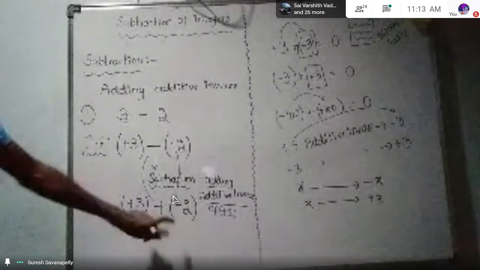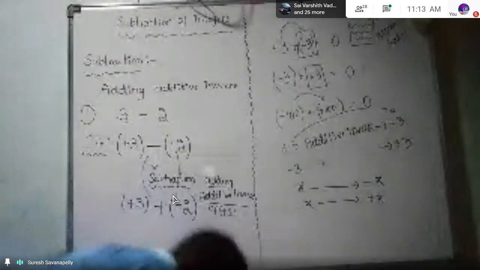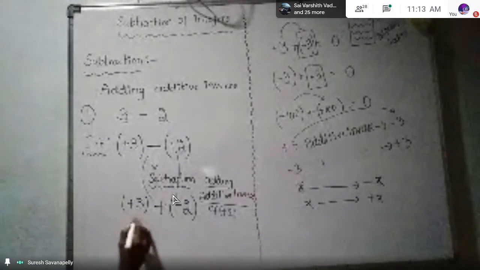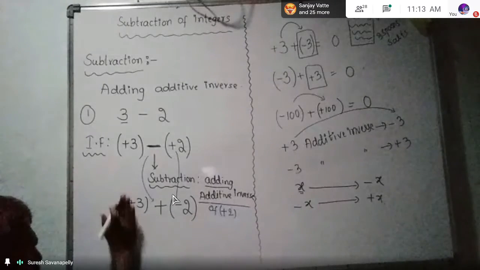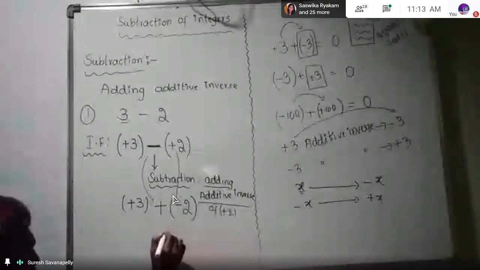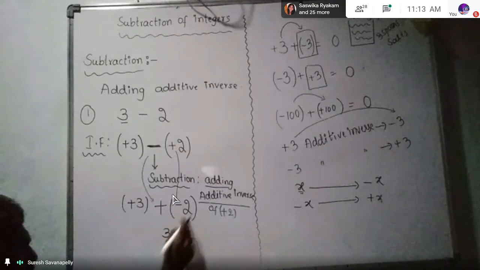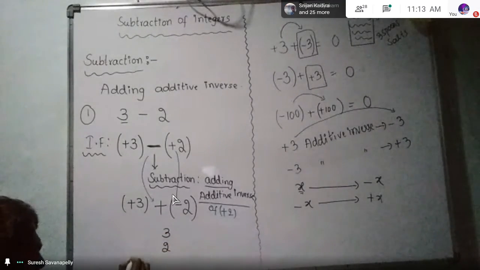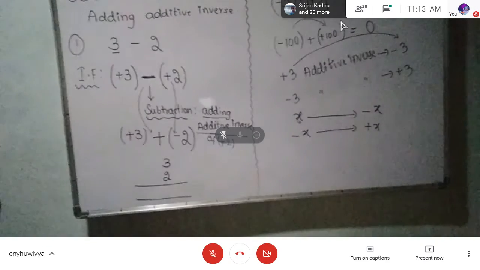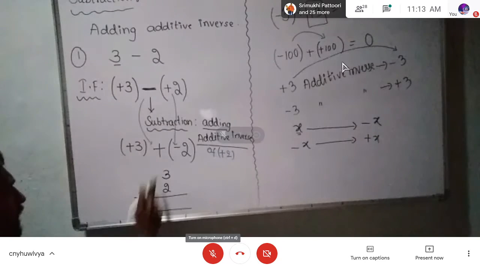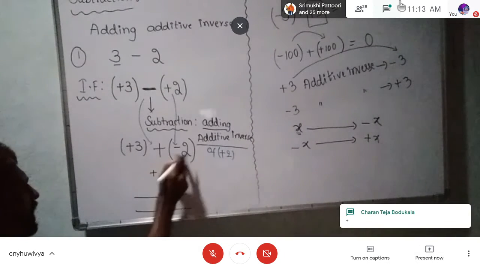So here plus 3 is a positive integer and minus 2 is a negative integer. Close the signs. 3 is the bigger number, write 3. 2 is the smaller number, write 2. Next the sign of 3 is plus, the sign of 2 is minus.